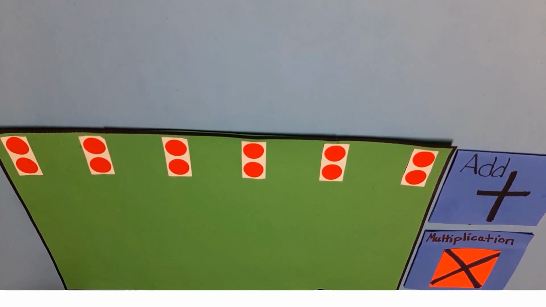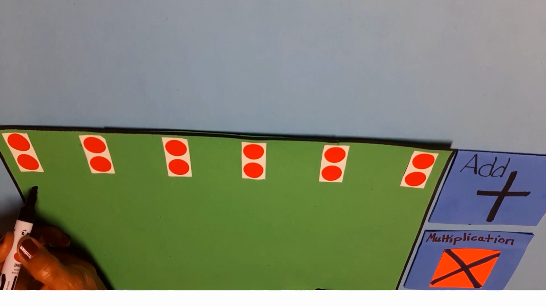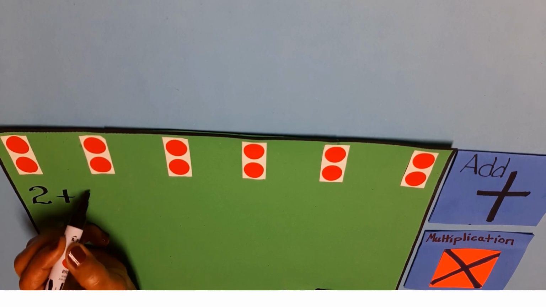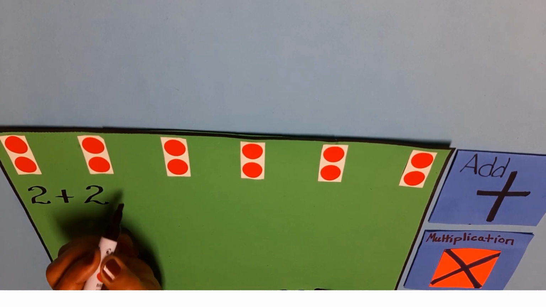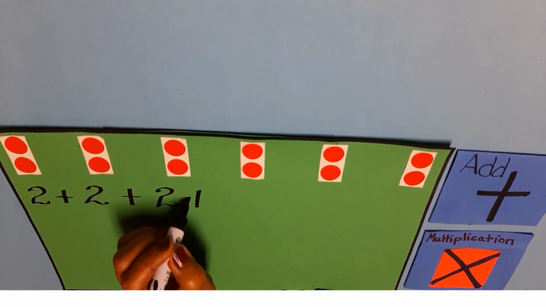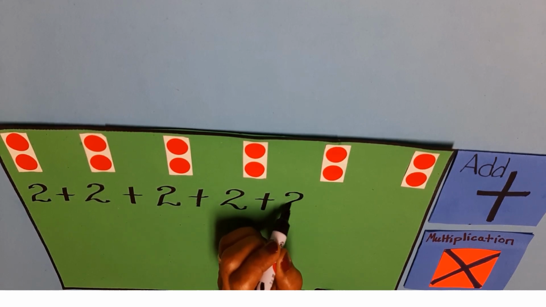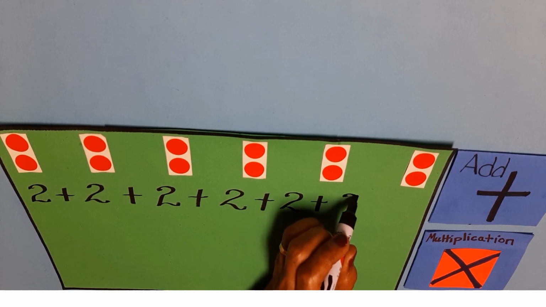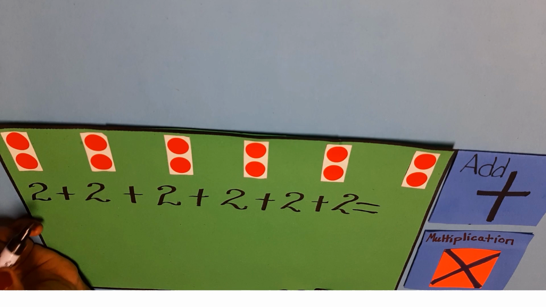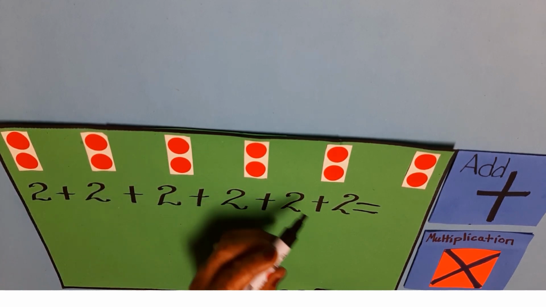Let us look at it. We have 2 in each group. So what we can do here, we can write this another way. We can say 2 plus 2 plus 2 plus 2 plus 2 plus 2 will be equals to, look at it, we have 1, 2, 3, 4, 5, 6.